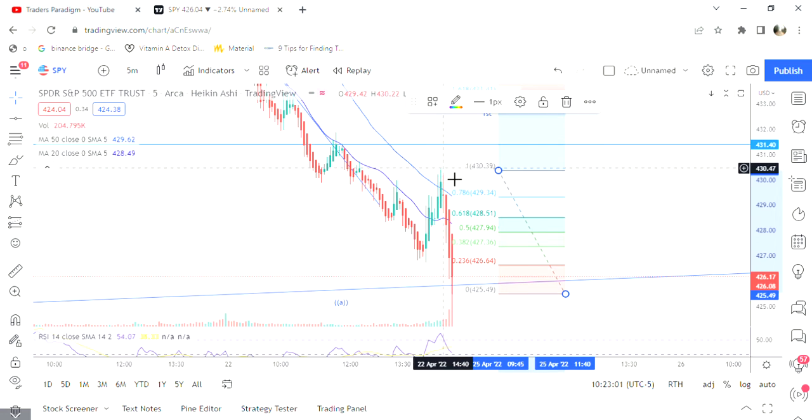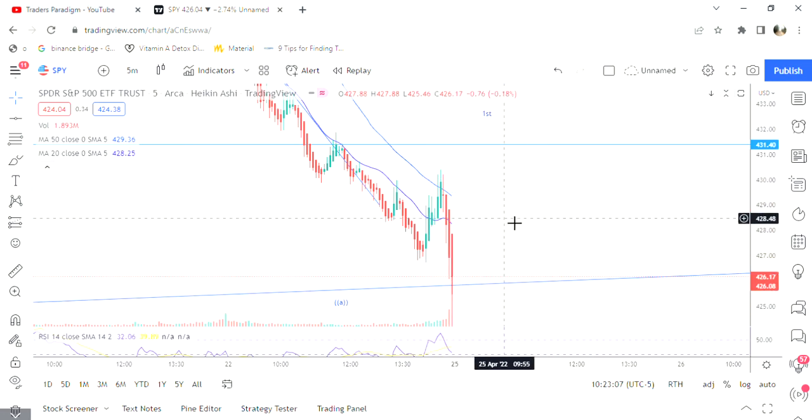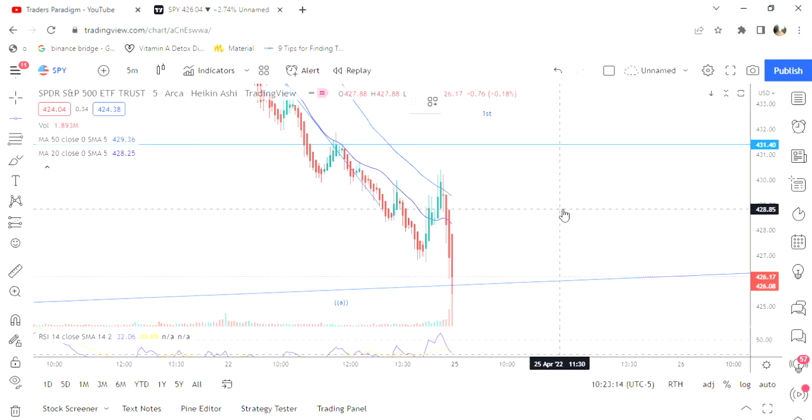Let's just say we stay below the top of this and we bounce to 427.94 on the top. You can look at the structure and see it's an ABC structure. That's the second scenario, so we'll say in this area right here.